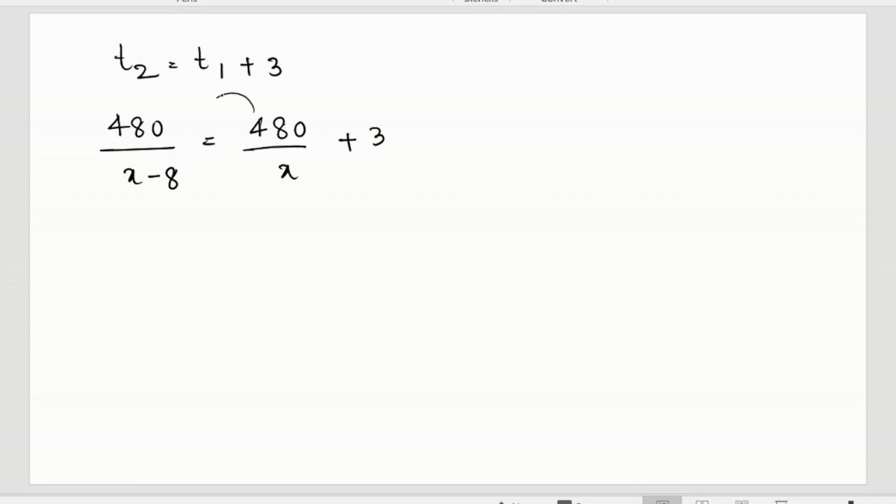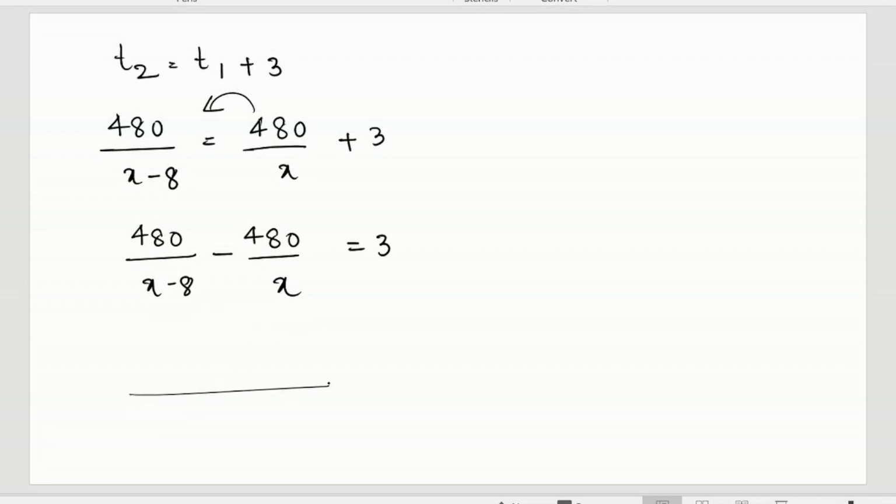Let us get this to LHS. So which becomes 480 by x minus 8 minus 480 by x is equal to 3. Now let us take the LCM, which is x into x minus 8.